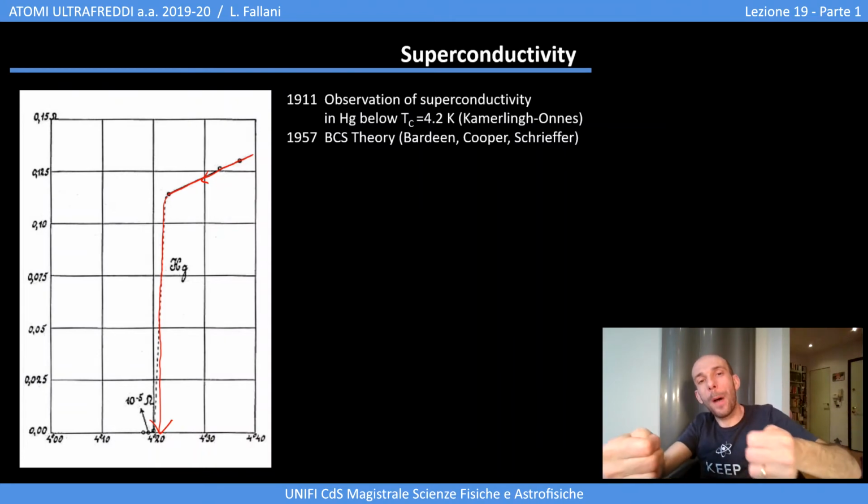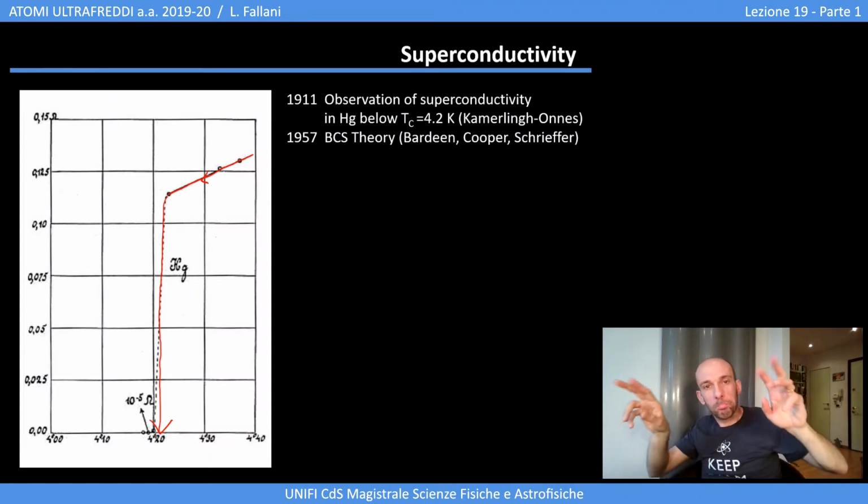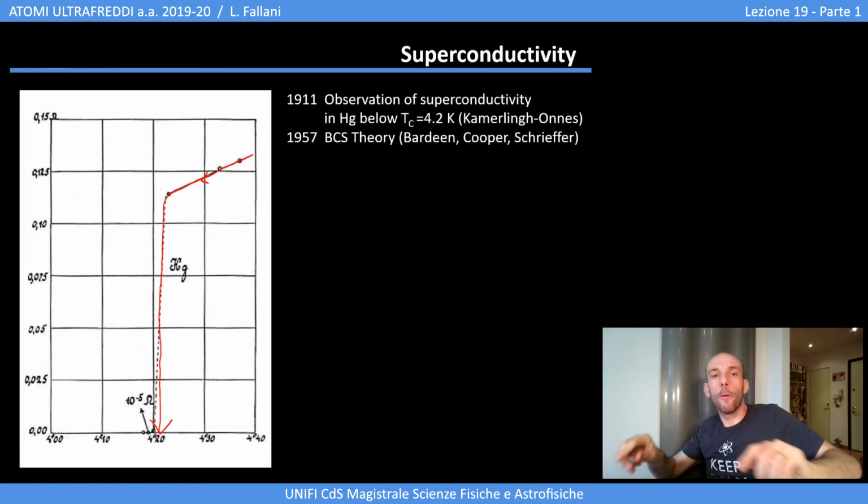So this is not really a bound state, so this is not a molecule. This is a kind of composite object of two fermions that in some sense acquires a bosonic character. So two fermions form a boson, in particular the Cooper pair has spin 0, and so you can have Bose-Einstein condensation of Cooper pairs. And this Bose-Einstein condensation of Cooper pairs is the microscopic explanation of the superconductivity behavior.